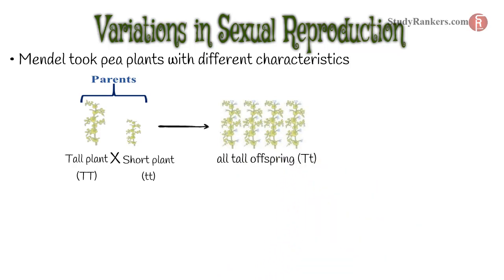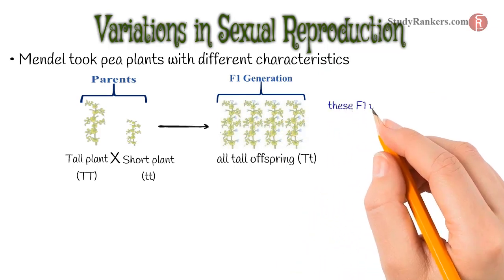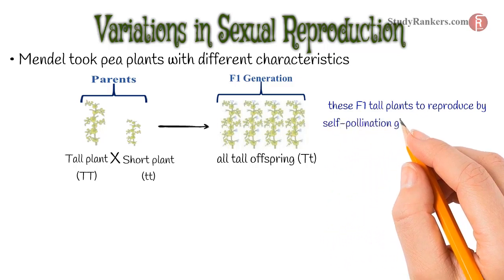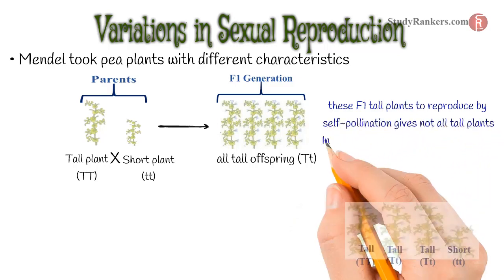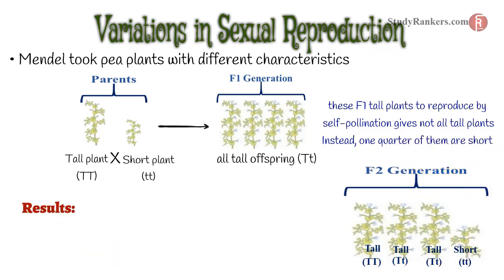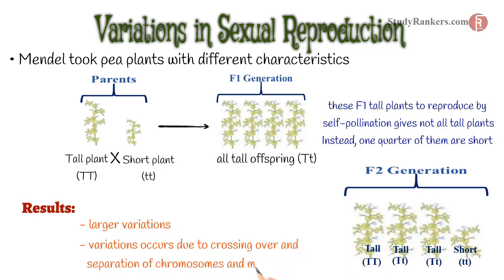They are F1 generation. Now, these F1 tall plants, when produced by self-pollination, give not all tall plants. Instead, 1/4 of them are short. It results in larger variation, and these variations occur due to crossing over and separation of chromosomes and mutation.